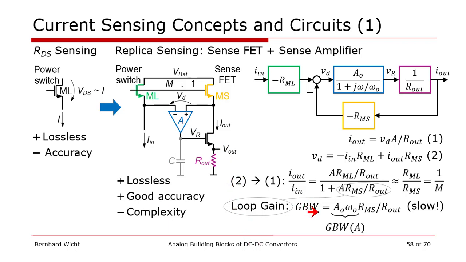In other words, the gain bandwidth of that amplifier gets scaled down by a factor which is smaller than 1, as this sense resistor is in a range of 1 kilo ohm, and the output resistor is like 100 kilo ohms. So that's why these circuits are relatively slow. There's a lot of literature that talks about that it's slow, but nobody really calculates it. That's why I added it here just to indicate it.